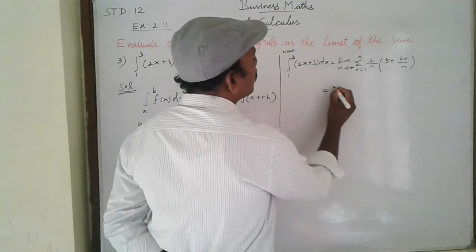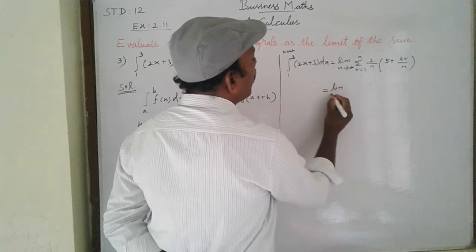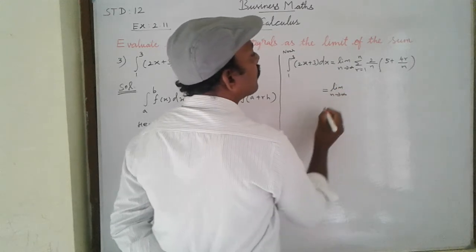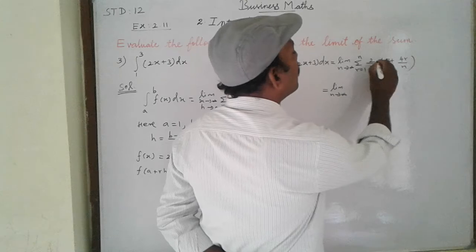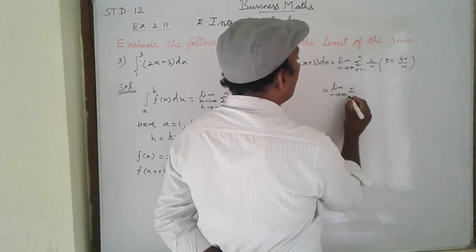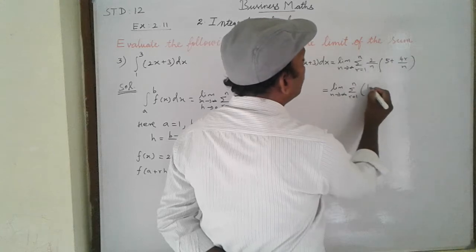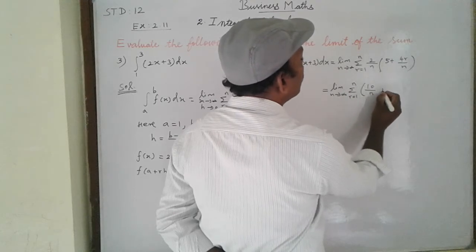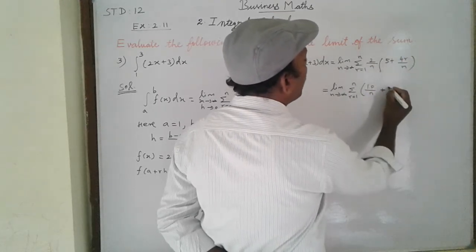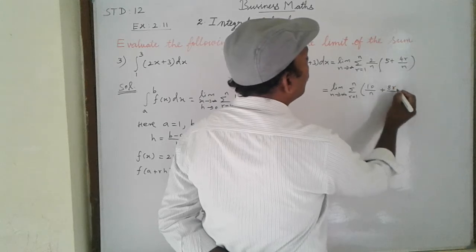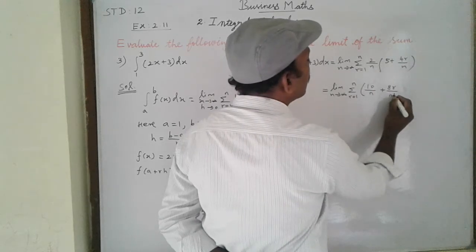Equal to limit n tends to infinity, 2 by n multiplied by sigma r equal to 1 to n, 5 2s are 10 divided by n, 2 4s are 8r divided by n into n is n square.